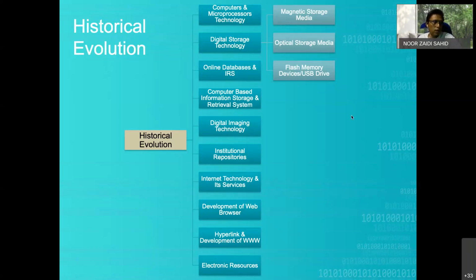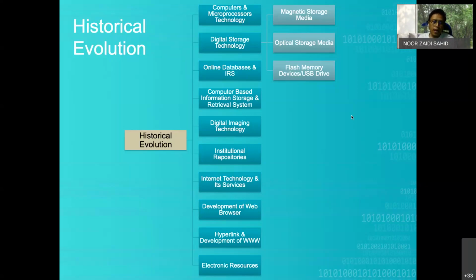It can be their user records or user profile files or information. Institutional repositories are some kind of database, but specifically for organizations. And organizations come from various fields and backgrounds.